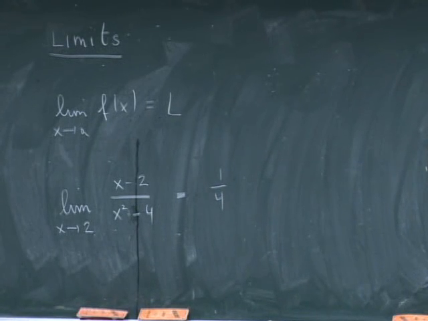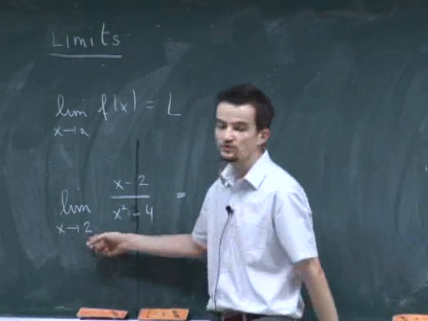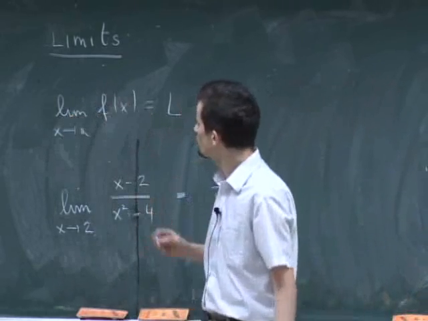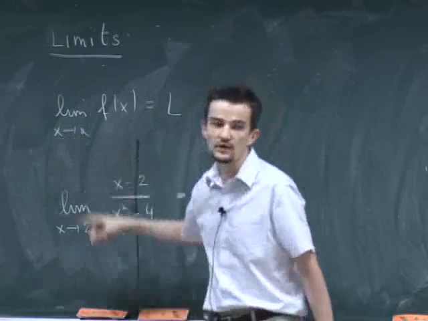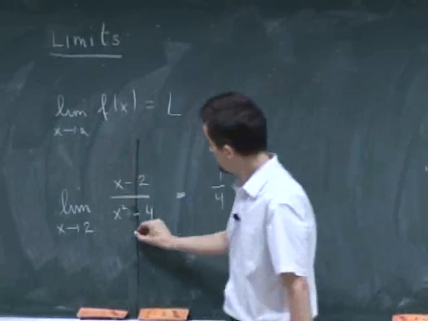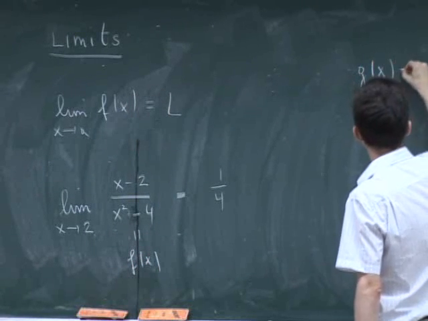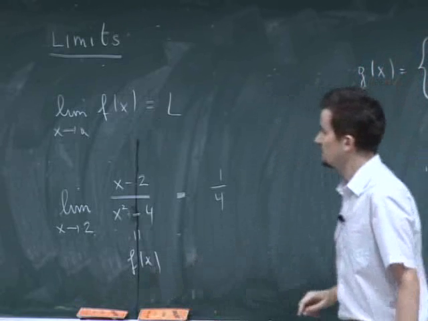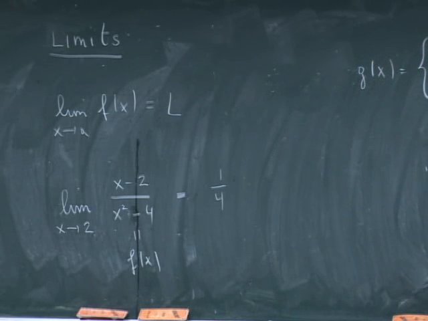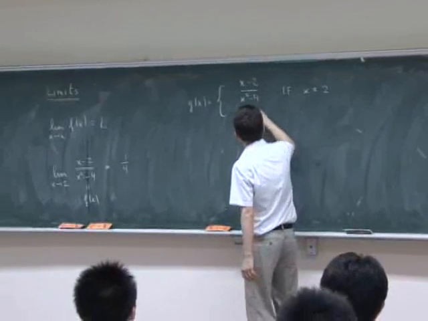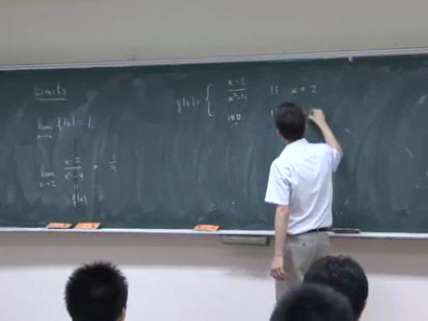Now, if we change this function at the point 2, this will not have any effect on the limit, because this symbol, once more, requires that x is staying away from a. So, for instance, if you call this function f of x, and you define a function g of x which is different from f of x at the point 2, so for instance, you choose the usual definition if x is not equal to 2, and you choose anything, let's say 100 if x is equal to 2, the limit will be the same.